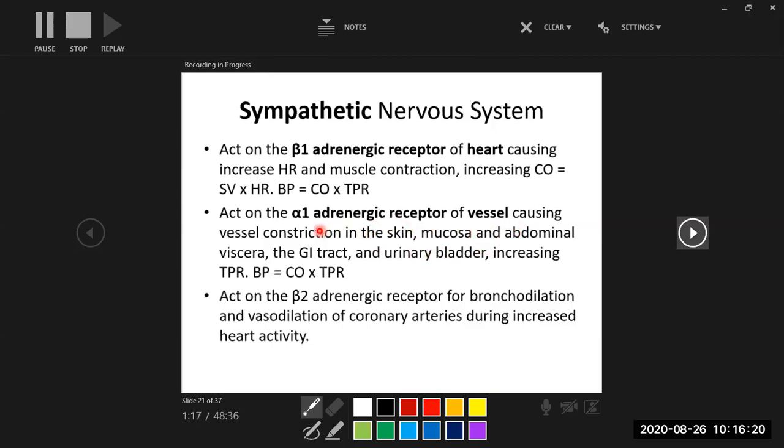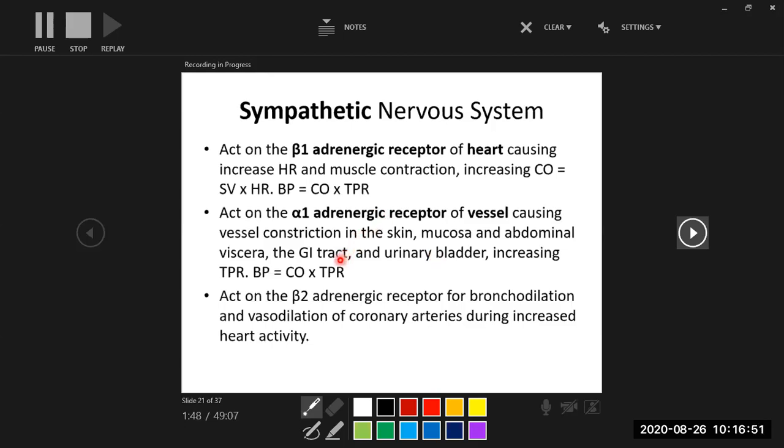We commonly see this alpha-1 receptor in the skin vessel, abdominal viscera, GI tracts, and urinary bladder. If you are in an urgent situation, you don't need to work on digestion. So basically you will cause vasoconstriction over there.